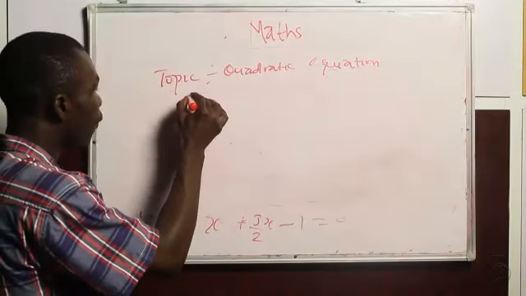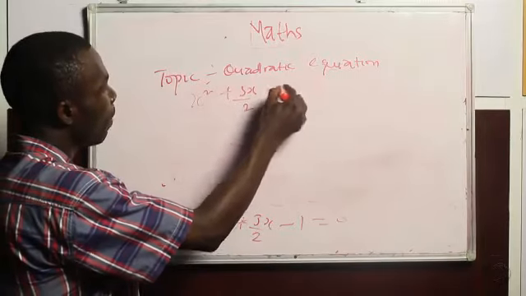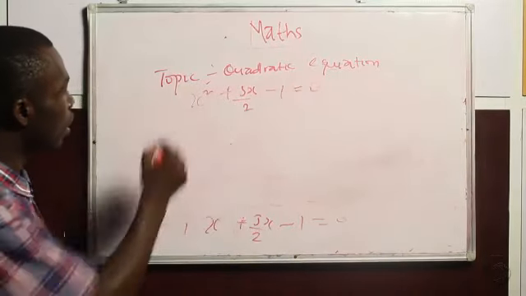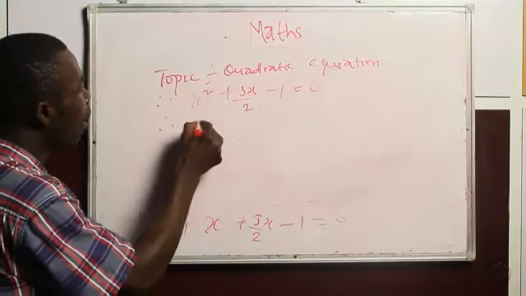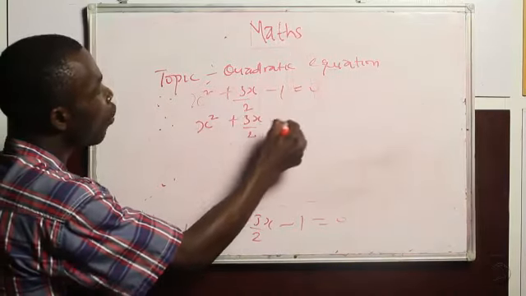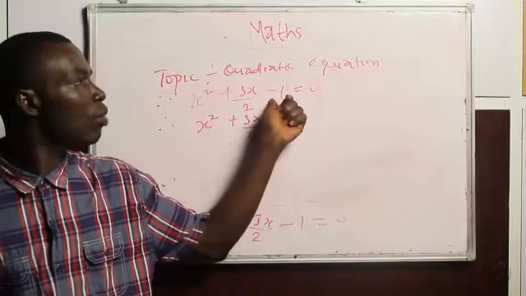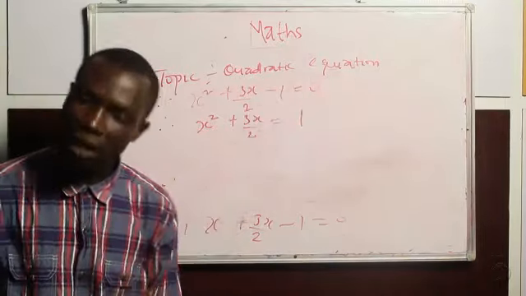Now, we have x squared plus 3x over 2 minus 1 equal to 0. Therefore, x squared plus 3x over 2 equal to 1. We transfer our constant term, which is minus 1.